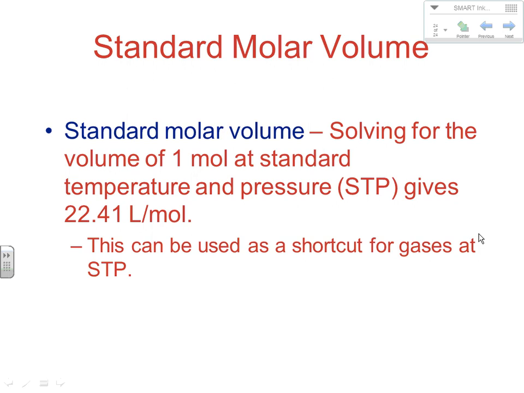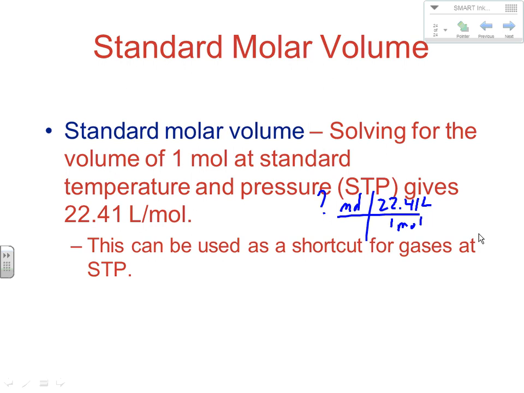In this last problem, we had a gas at STP. So one way to do this would be to calculate our number of moles and then do a quick dimensional analysis problem. If we have 22.41 liters for every mole, this should be a quick, easy way to solve the last problem. So remember, this is really a shortcut.